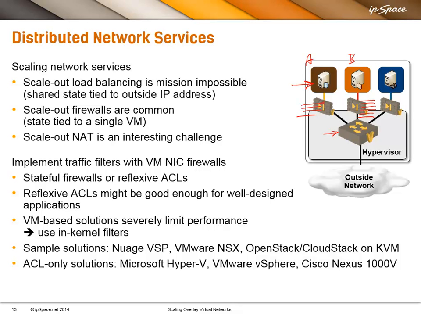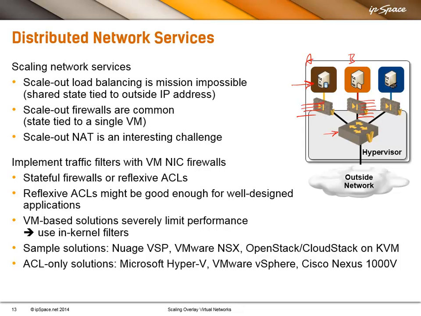Do avoid the solutions that implement these filters in a VM, because then a single VM limits the performance of the whole hypervisor. Some sample solutions: Nuage VSP, VMware NSX, OpenStack or CloudStack on KVM.